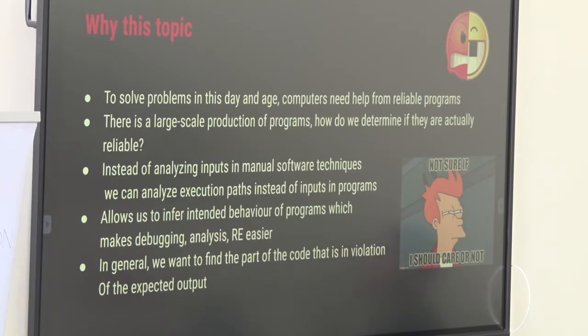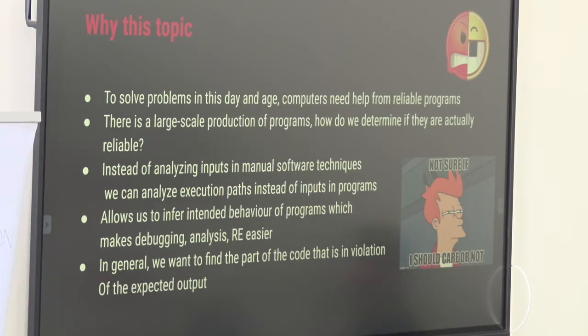An example of this destination or end goal that we may want to achieve is finding a part of code that is going to violate an expected output. Let's say I have a function that performs some mathematical operations, and I made an error when writing the code that doesn't account for a division by 0.